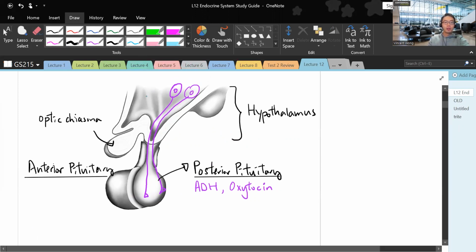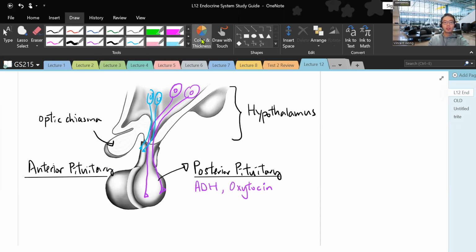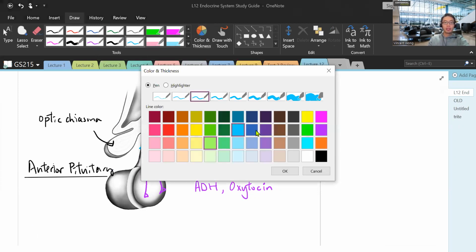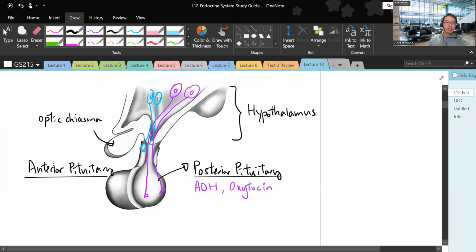Now there is another group of neurons where they stop extending their axon kind of over here. That doesn't go all the way to the anterior pituitary gland, and they will be regulating the anterior pituitary gland through hormones. So there are three hormones that we've learned for such regulation.